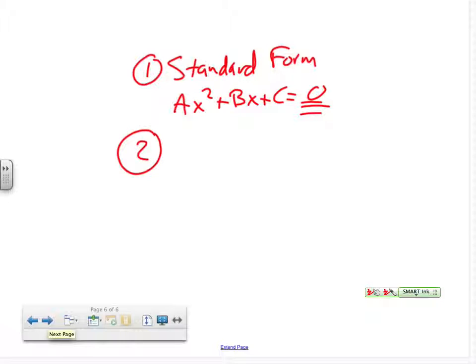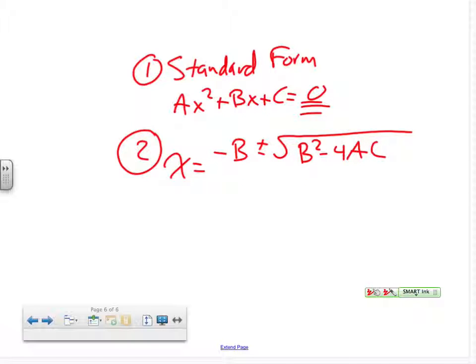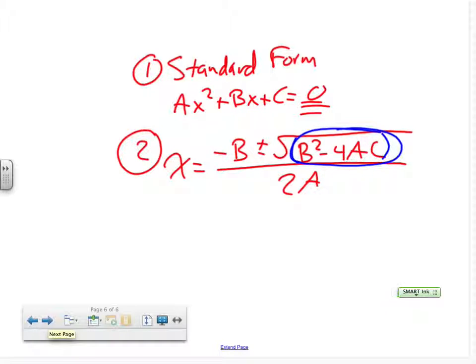And then you're going to plug it in. X equals negative b plus or minus the square root of b squared minus 4ac all over 2 times a. Be sure to focus on doing the value underneath the square root first. There's a special name for it, which you'll learn in the next video. And then simplify from there.